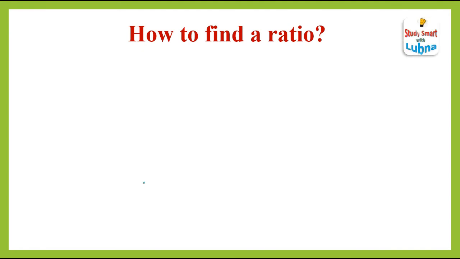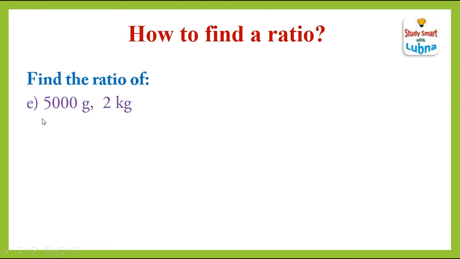One more example. Here we have to find the ratio of 5000 gram and 2 kilogram. Again the units are different. The quantities are not like, so we will first change them into like quantities. We can convert gram into kilogram or kilogram into gram. It's up to your convenience. I'm going to change the kilogram into gram.